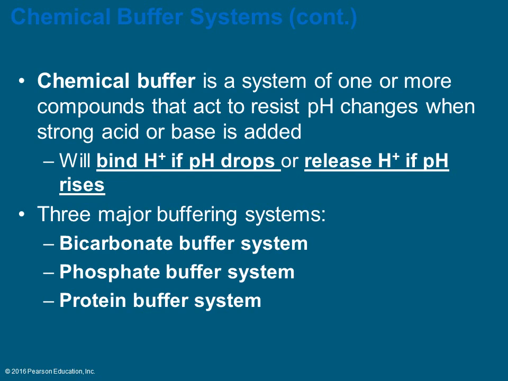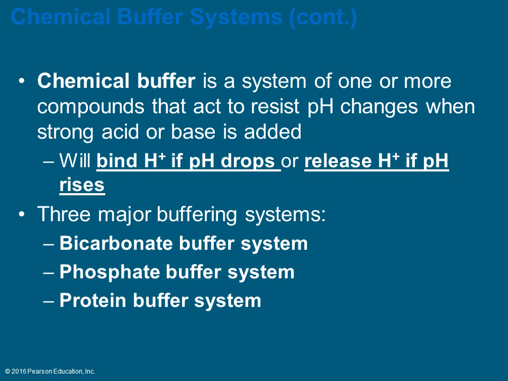So a buffer is something that resists the changes in the pH when you add a strong acid or a strong base. And in the body, in any living organism, you're going to have different things occur where there may be a strong acid or a strong base produced, and you don't want these sudden rapid changes in pH. You don't want the pH spiking and then falling and then spiking.